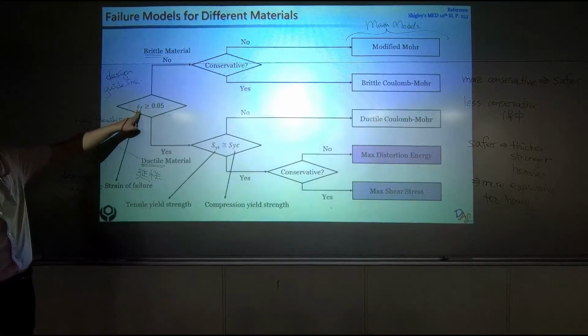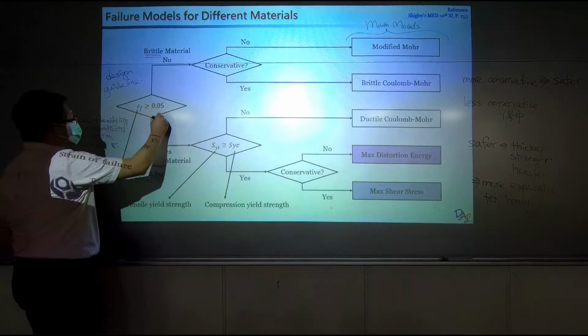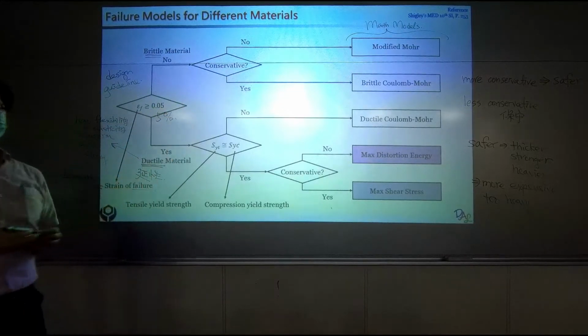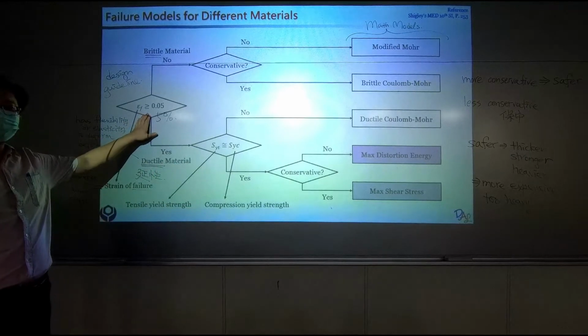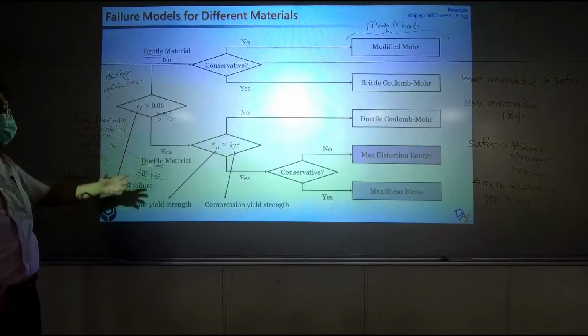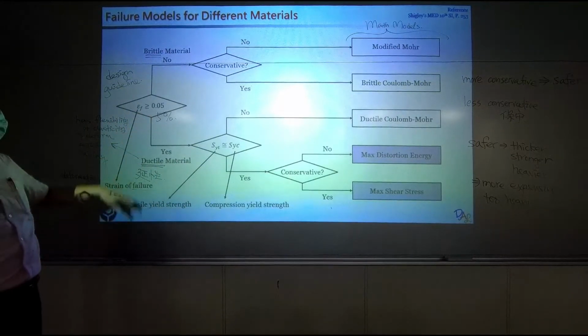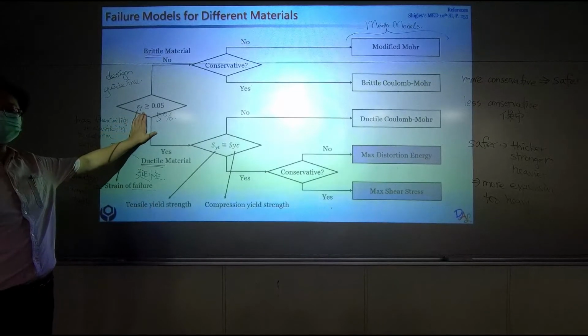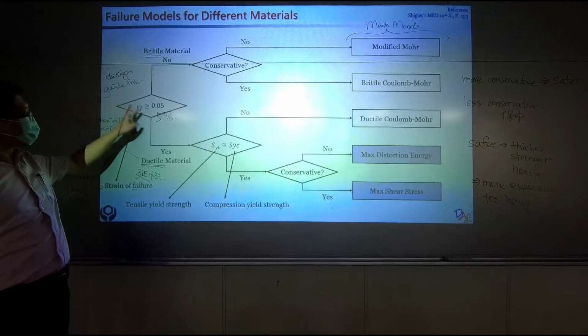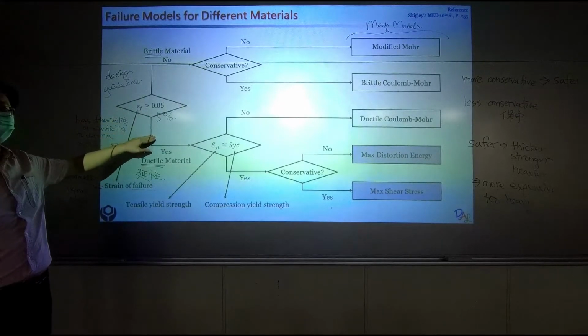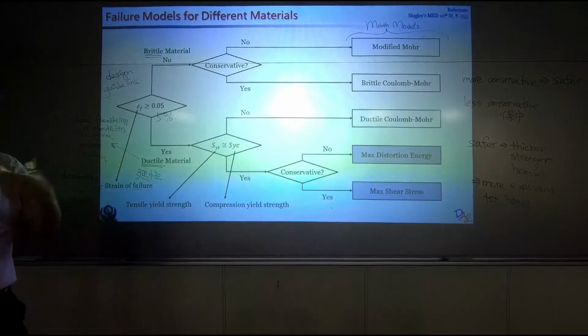And if it's greater than 5, this is basically 5%. If a material can stretch greater than 5% before failing, it's rubber-like. If it breaks and the deformation is smaller than 5%, it's like glass, it's brittle.